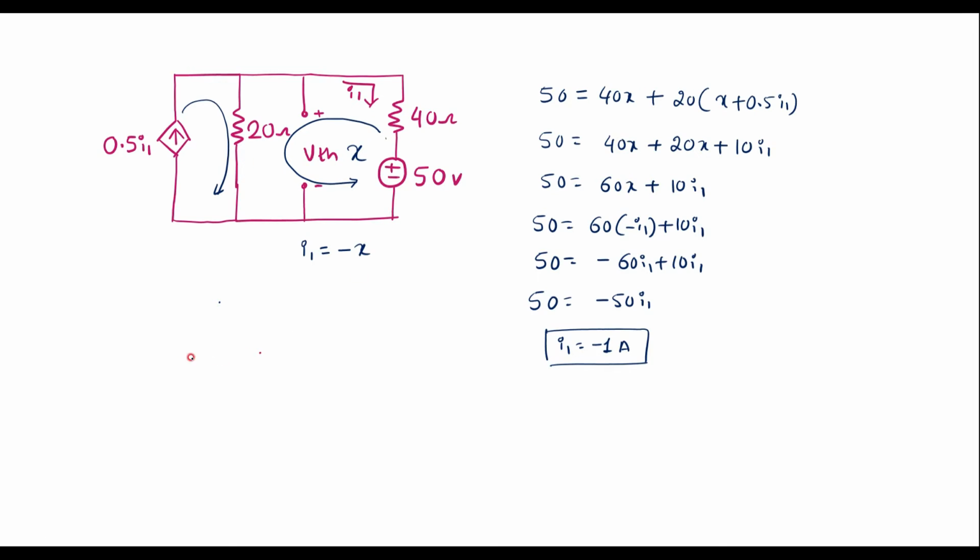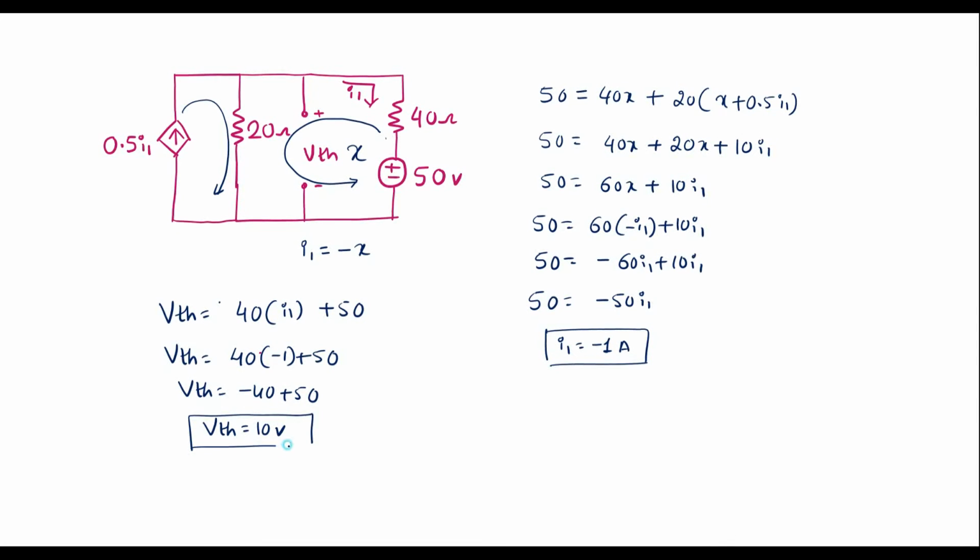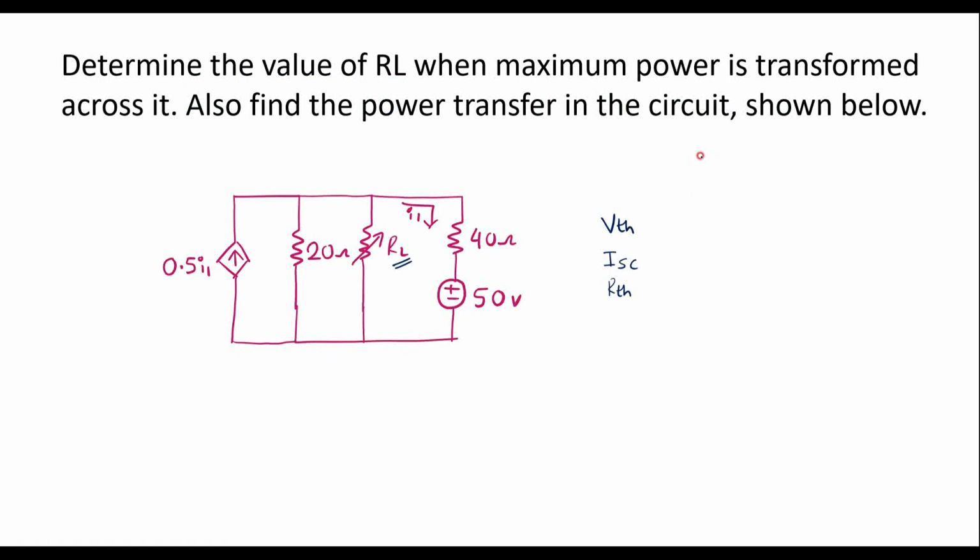So I can write VTH is equal to 40 into I1 plus 50, or VTH is equal to 40 into minus 1 plus 50, therefore VTH is equal to minus 40 plus 50, or VTH is equal to 10 volts. So we found the value of VTH, that is 10 volts. Now let's calculate ISC, that is the short circuit current. Here we found the first parameter VTH. Now we have to calculate ISC.